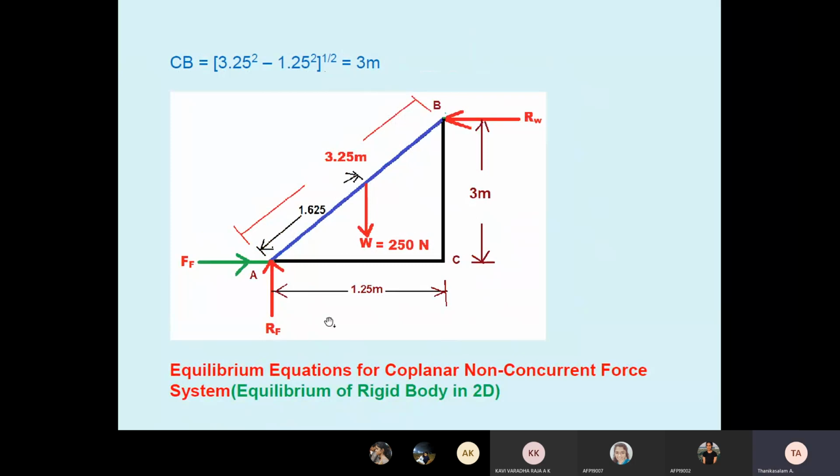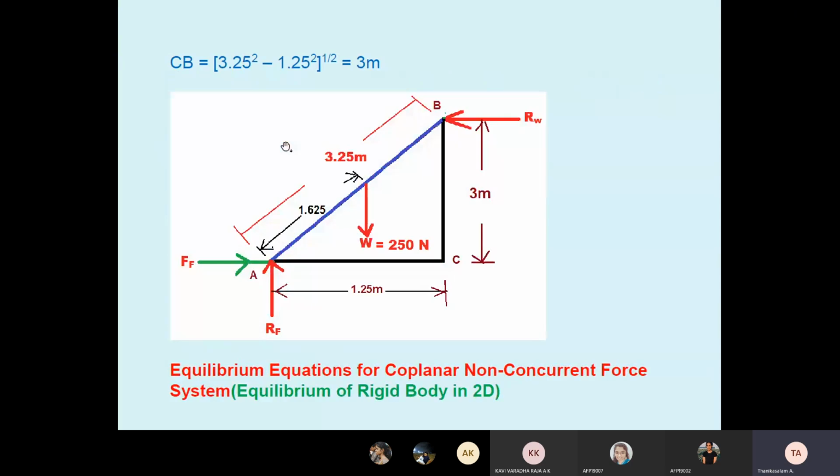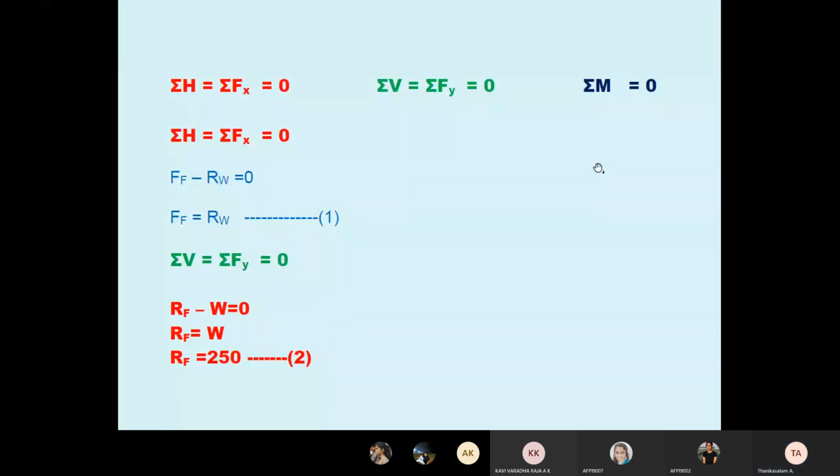Now we have to apply the equilibrium equations. What are the equilibrium equations? Summation H equals 0, summation V equals 0, summation M equals 0. First equation, summation H equals 0, the horizontal forces. See the diagram: the frictional force FF acts to the right side. Therefore FF minus RW equals 0.